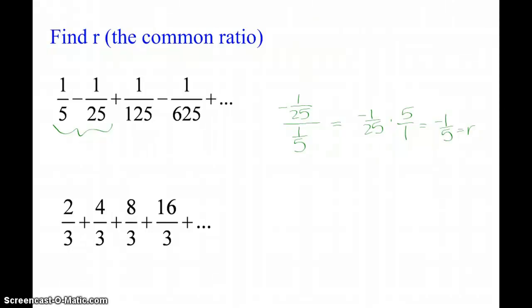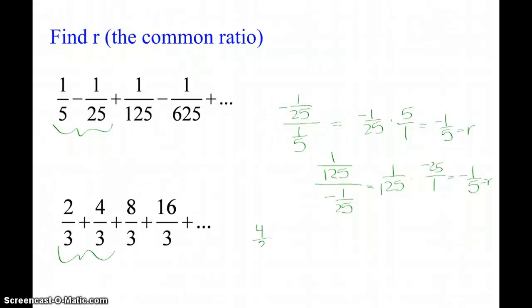We could check that by taking the next term and dividing it by the term just to the left of it. And so mathematically, we're going to get this, which again is -1/5, which is the common ratio. So let's find the common ratio here. We'll use the first two terms.